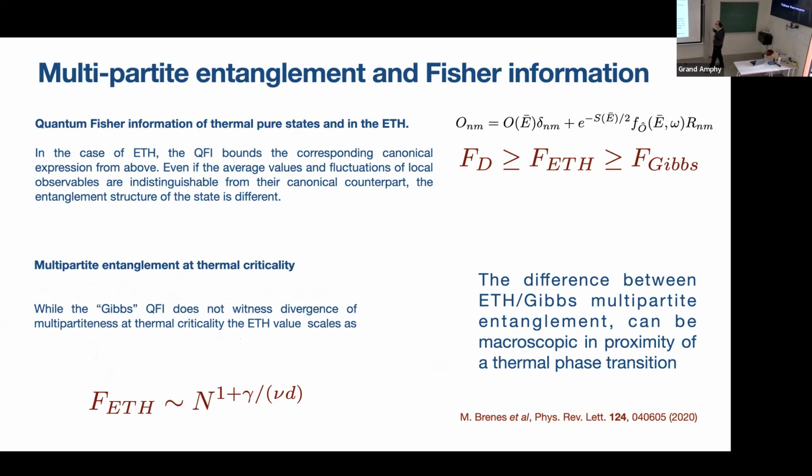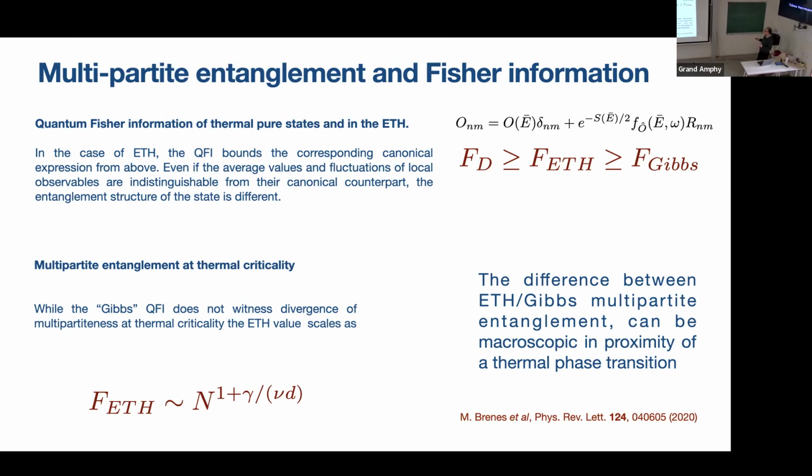You can say, okay, instead of computing Fisher information on the canonical ensemble, an equivalent, or possibly equivalent, way, if the states thermalize, is to consider the Fisher information at the level of single eigenstates, just using ETH, as was discussed also this morning by Laura.